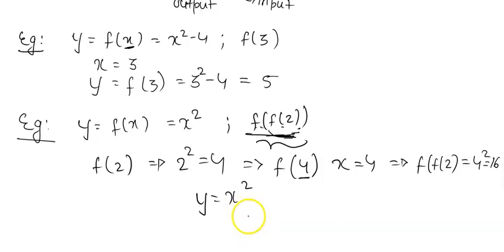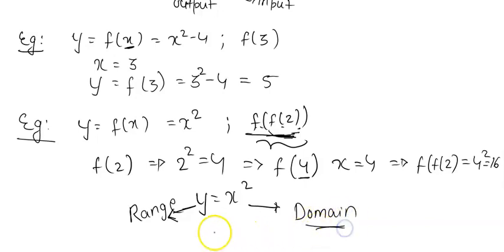Though we don't use the terms input and output, we use a very standard term for functions in maths, that is y, the output term, is called the range of the function, and x, the input term, is called the domain of the function. So whenever you are told to find the range of a function, that means you need to find the output of the function, and whenever you are told to find the domain of the function, it means that you need to find the input of the function. I guess it is clear till now.